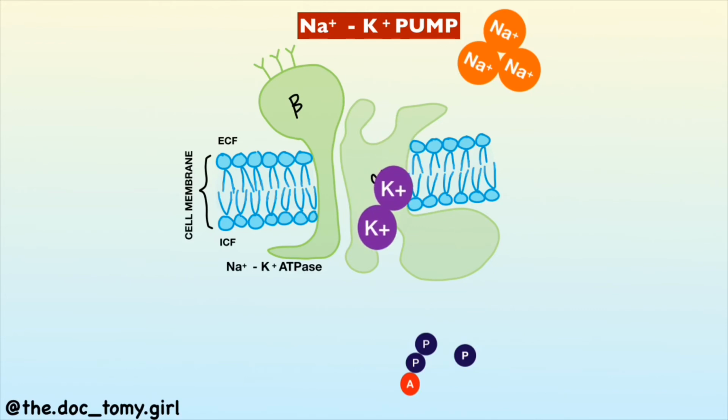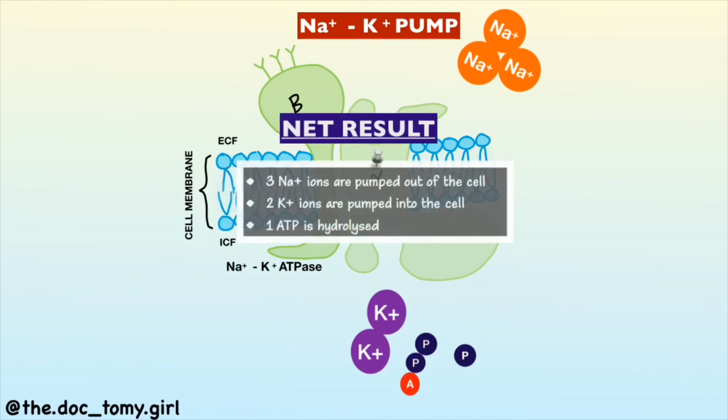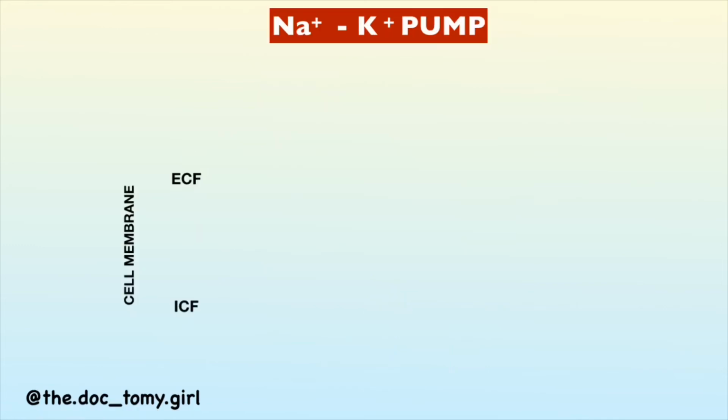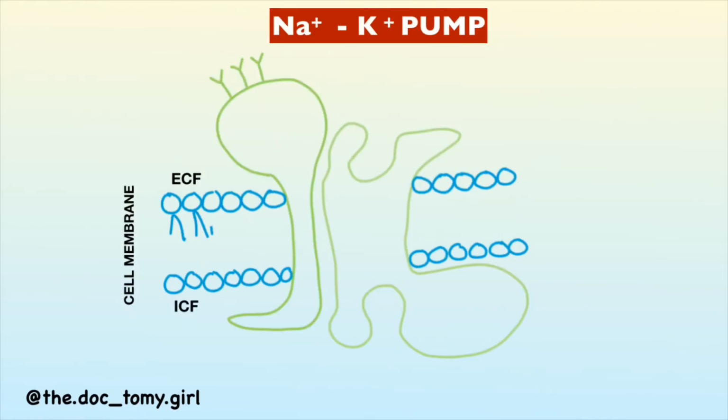The carrier protein also returns to its original conformation. Thus, during one cycle of conformational phosphorylation and reconformational dephosphorylation change in the alpha subunit of sodium potassium ATPase, 3 sodium ions are pumped out of the cell, 2 potassium ions are pumped into the cell, and 1 ATP is hydrolyzed.